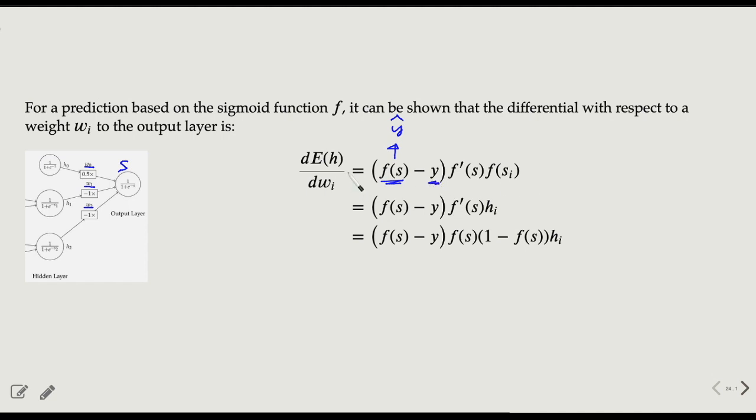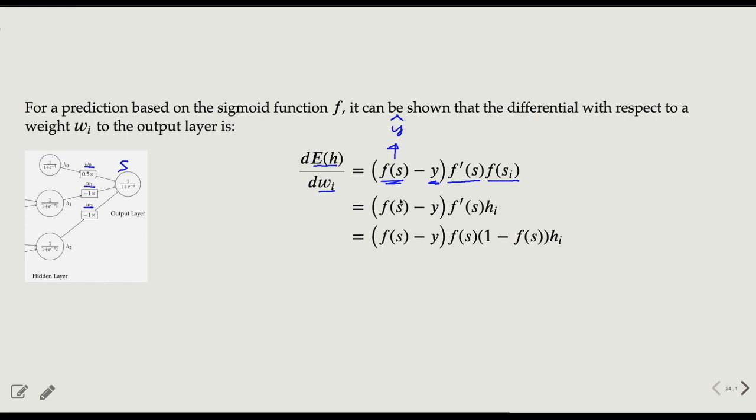The derivative of the error with respect to a weight Wi, whether Wi is W0, W1, or W2, can be computed by the difference between the predicted value and the actual class, times the derivative of the sigmoid function, times the sigmoid of Si.